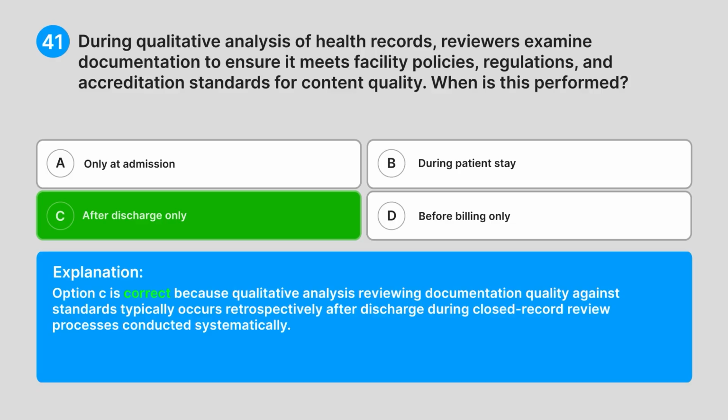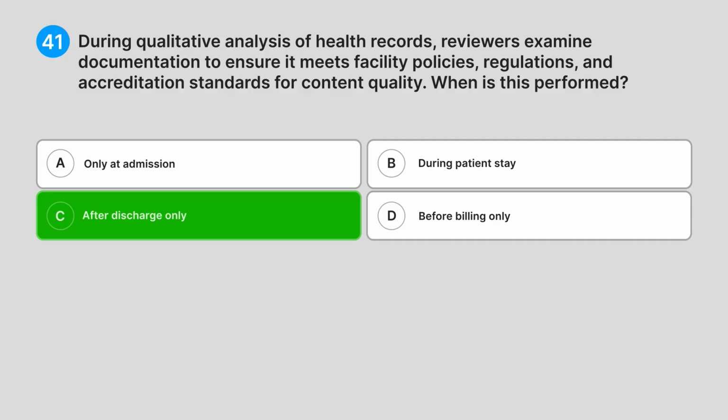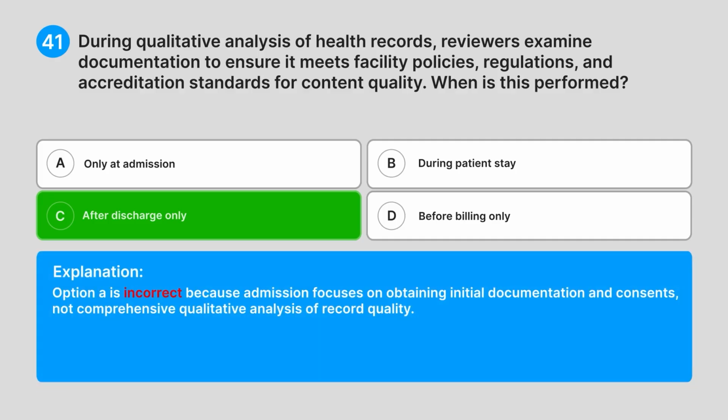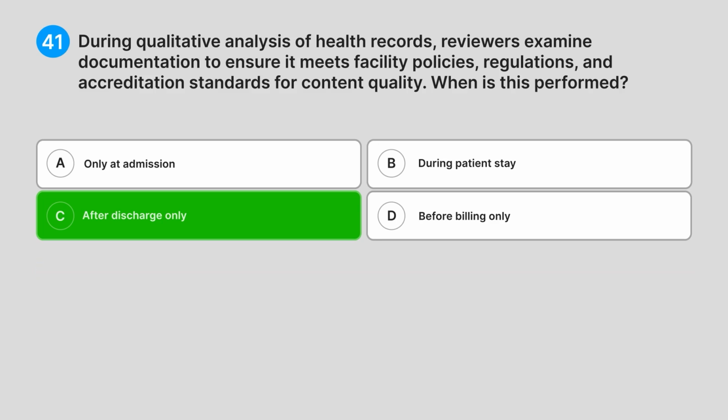Explanation. Option C is correct because qualitative analysis, reviewing documentation quality against standards, typically occurs retrospectively after discharge during closed record review processes conducted systematically. Option A is incorrect because admission focuses on obtaining initial documentation and consents, not comprehensive qualitative analysis of record quality.